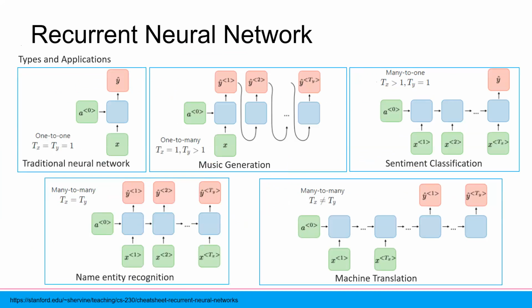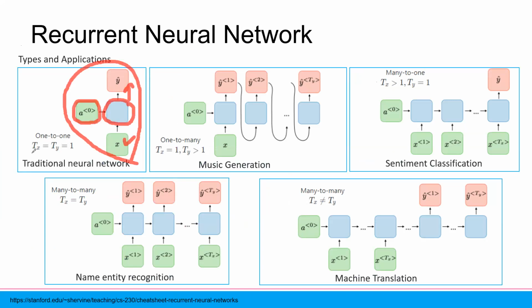So I just want to explain what are the typical applications for the RNN. If you already learned the neural network, this is the traditional neural network. We have X as the input, and we have the layer or the hidden layer, and we want to predict Y. So we can have a kind of coefficient or bias.